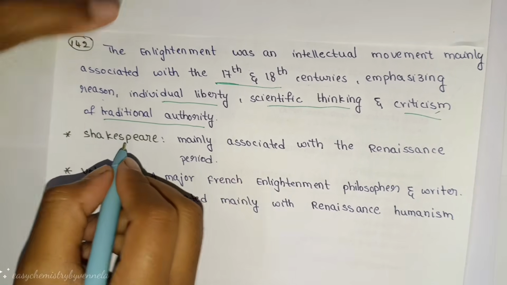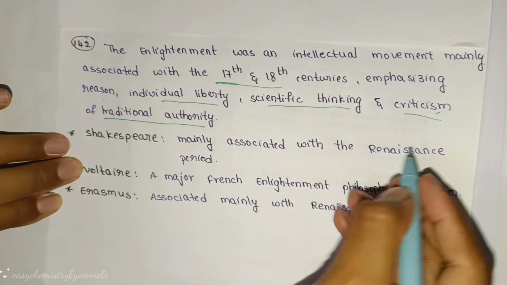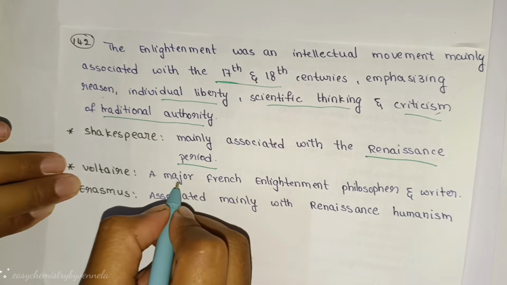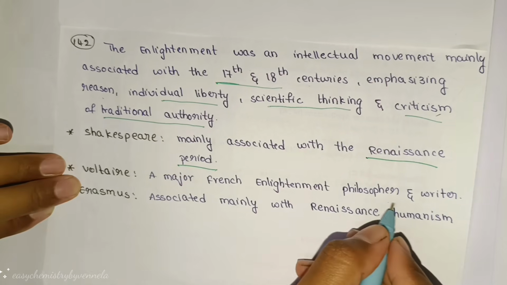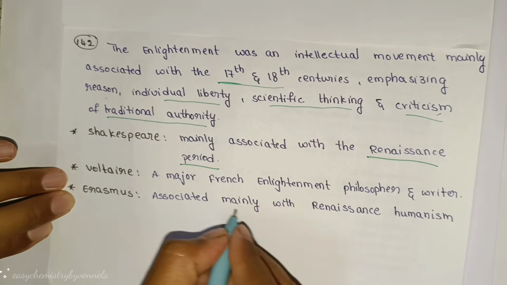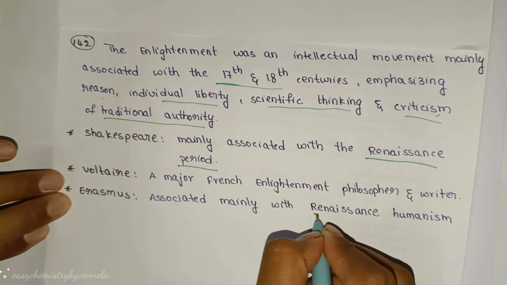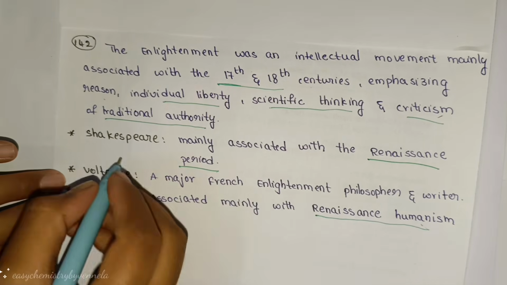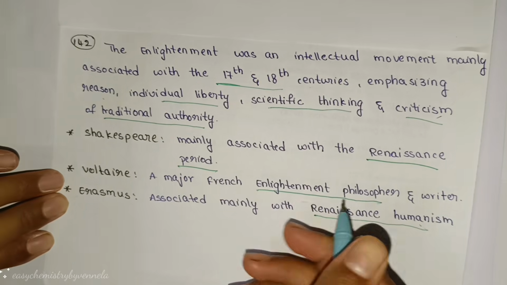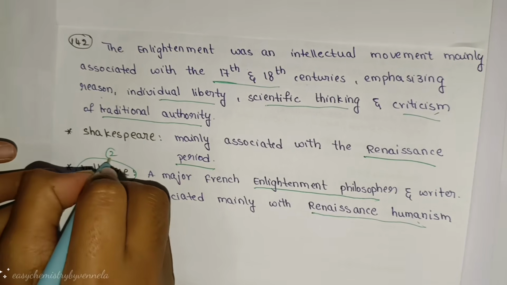Here, Shakespeare is mainly associated with the Renaissance period. Voltaire, a major French Enlightenment philosopher and writer. Erasmus, associated mainly with Renaissance humanism. So the Enlightenment philosopher in the given question is Voltaire, so the second one is the correct option.